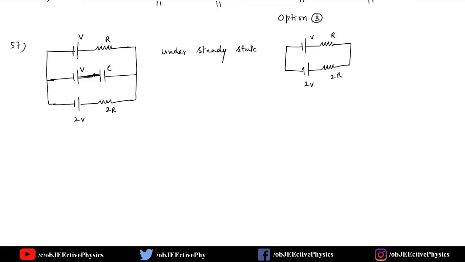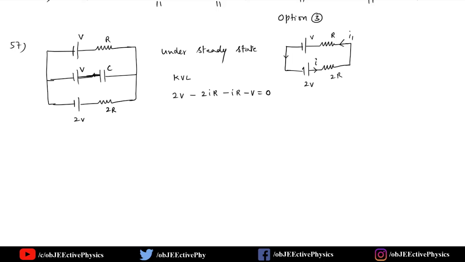Therefore, in this case, now according to KVL, let us assume that from the 2 volts to the 1 volt battery, current I flows in the circuit. So according to Kirchhoff's voltage law, 2V minus 2IR minus IR minus V is equal to 0.